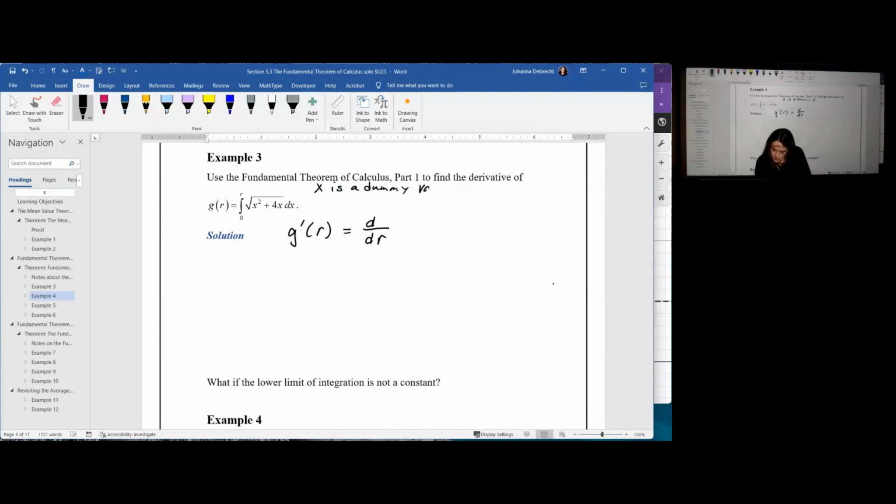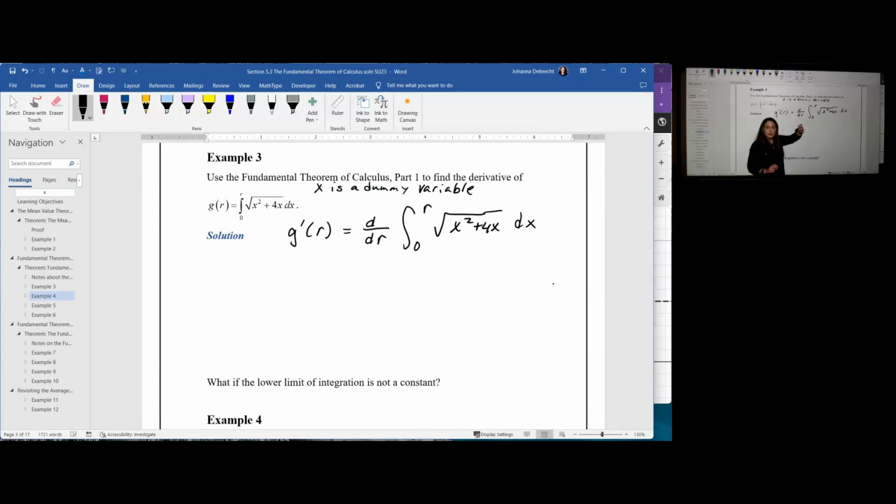When I take the derivative of that integral, I can apply the fundamental theorem of calculus. The reason I can apply it is because I have a constant for the lower limit of integration, 0, and an expression involving the independent variable as the upper limit of integration.